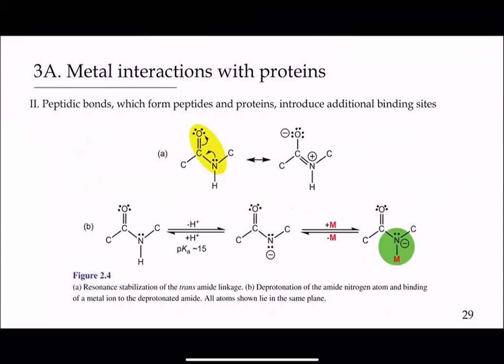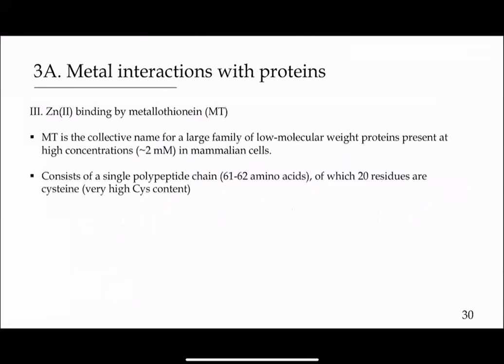That's what I want to emphasize: how the peptide backbone, the actual amide, facilitates additional binding. Here we have the amide bond, and the metal can bind to the nitrogen, or it can even bind to the oxygen. That's not to neglect that possibility. That facilitates additional layers of how metal can bind to a protein. So that's just the fundamental perspective of metals and where they can bind to the actual protein.